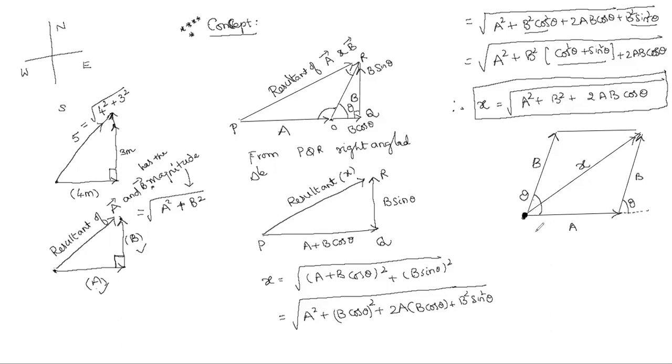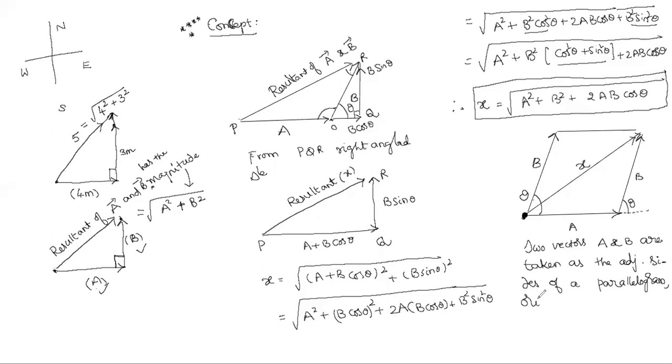Better I write here so you can understand. I'm taking two vectors A and B, are taken as the adjacent sides of a parallelogram, originated from the same point at an angle theta.